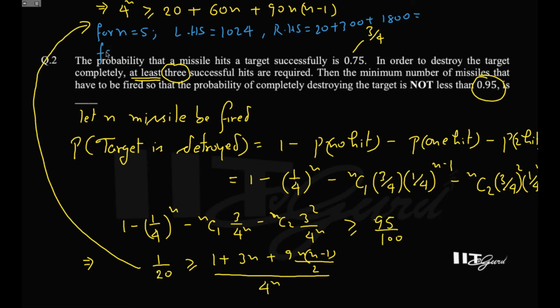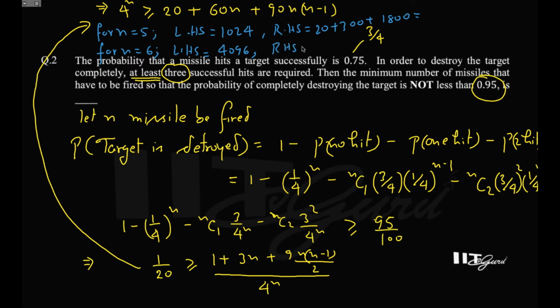Now for n equal to 6, let's see LHS. What is LHS over here? That will be 4096. And what about RHS?